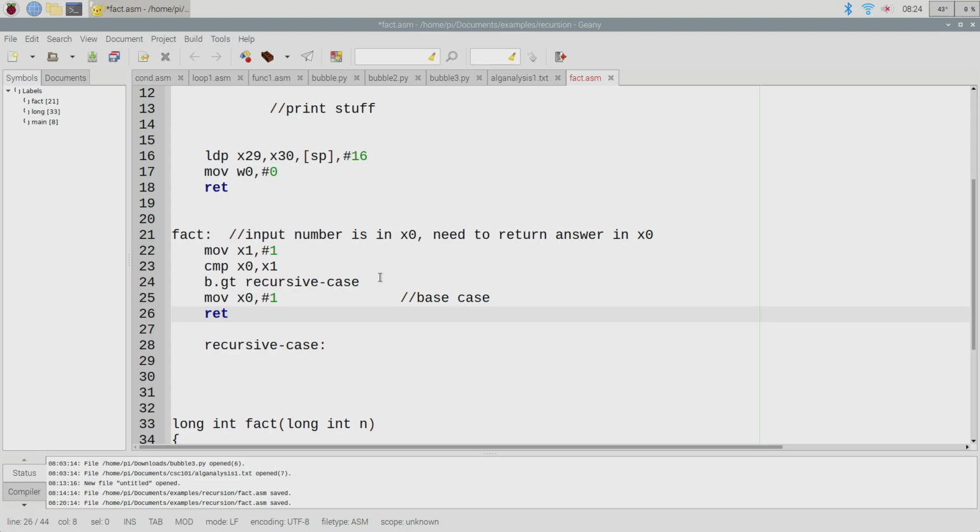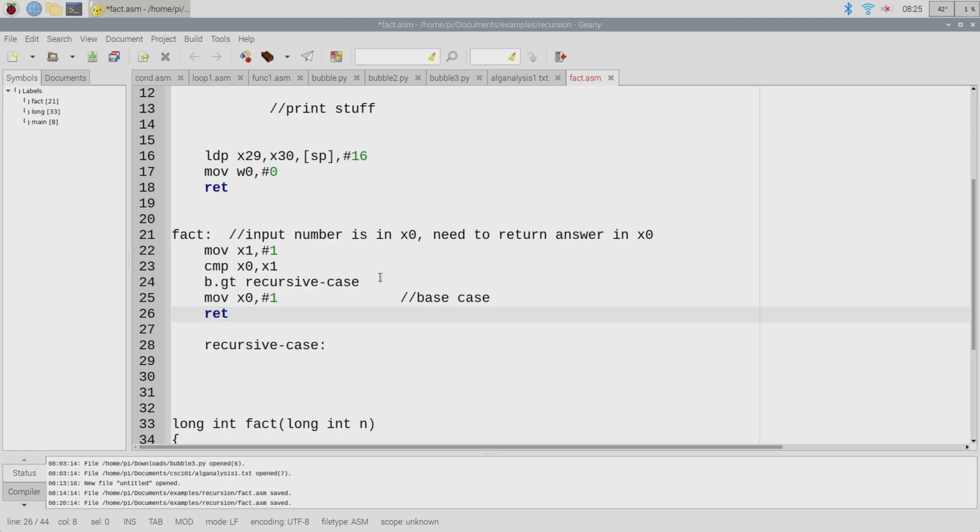So a return, like the end of a function, if there's no returned value, in assembly there's really a ret there someplace. Okay, so that's our base case set.